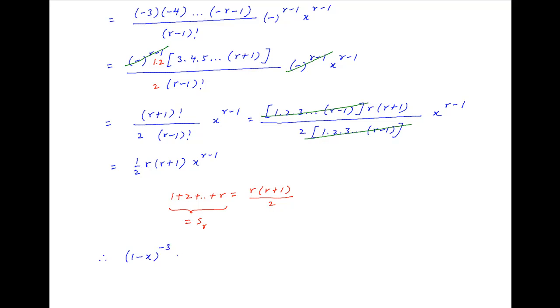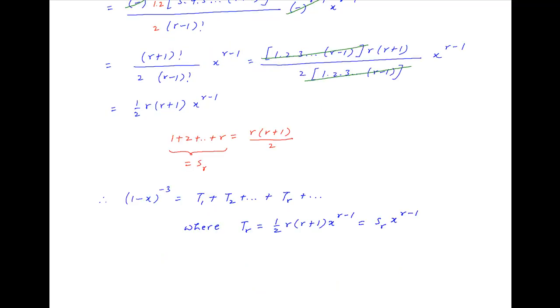Now (1 - x)^(-3) is equal to t1 + t2 + and so on + tr + and so on, where tr is equal to half of r times (r + 1) times x^(r-1), which using the result above is equal to Sr times x^(r-1).